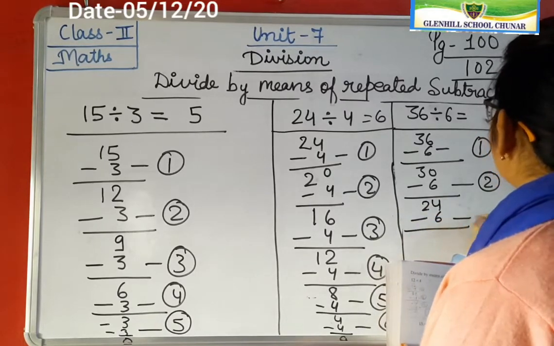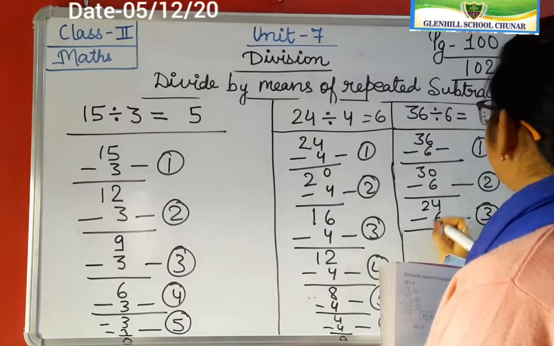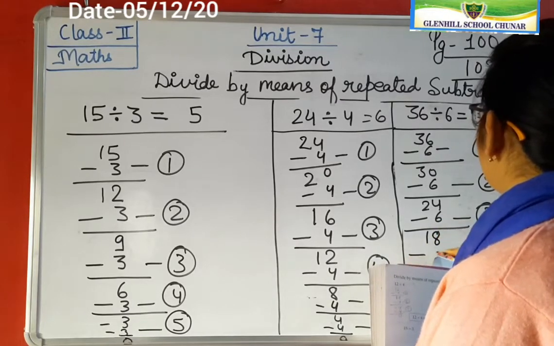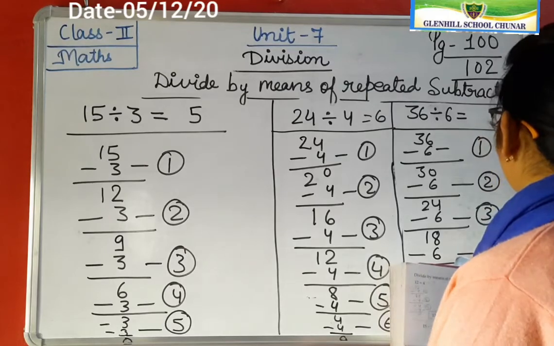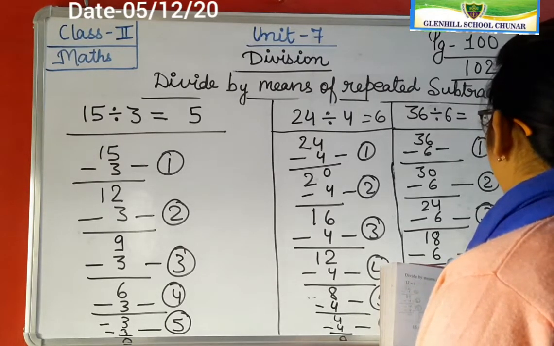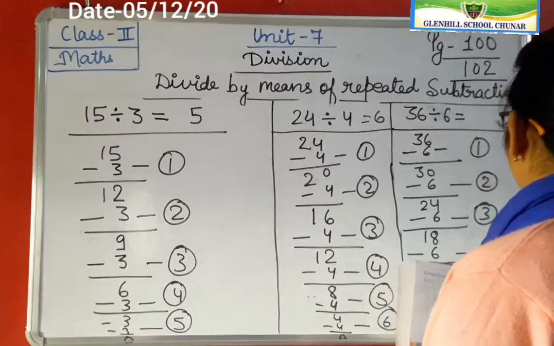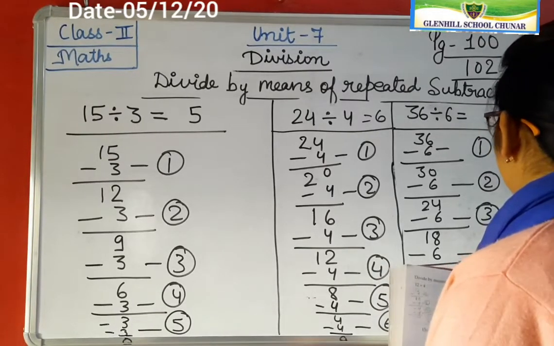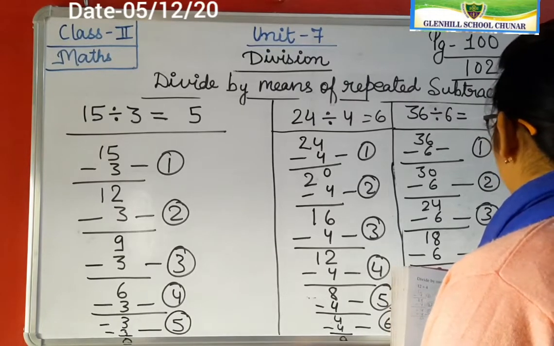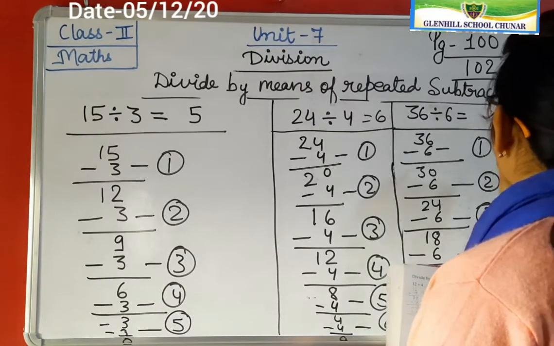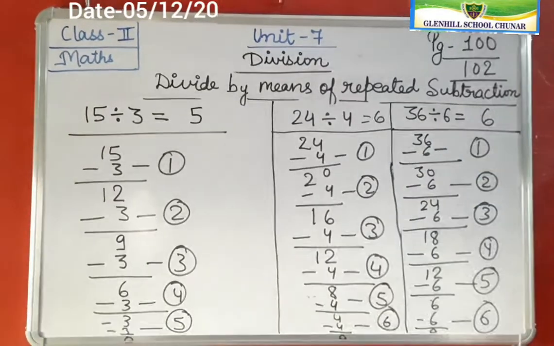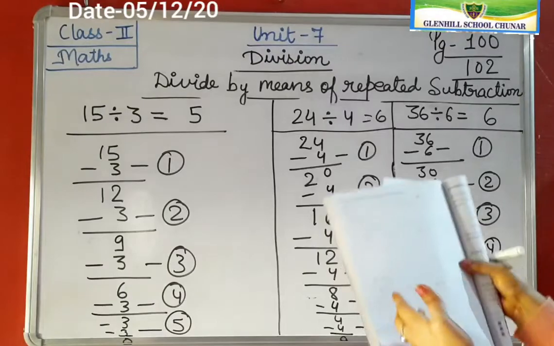Again 6, 3 times, it comes 18. Again 6, 4 times, 12. Again 6, 5 times, 6. Again 6, 0, 6 times. Answer is 6. Okay. So like this only you have to complete.